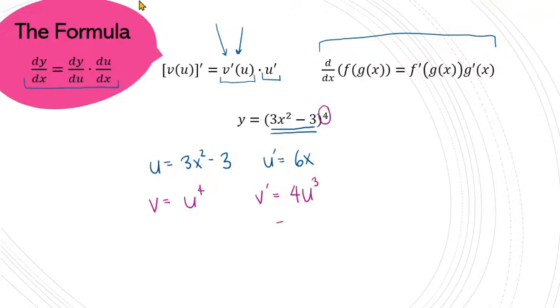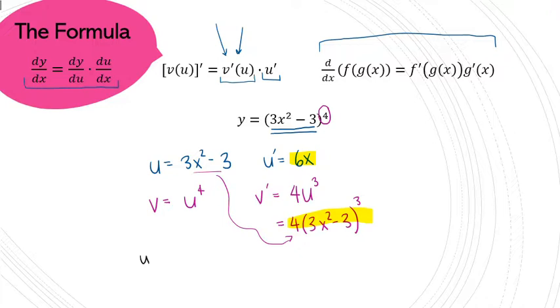And now I can replace u with its value right here. 3x squared minus 3 to the power of 3. So I have u prime and v prime, which is with respect to u, and that goes into my answer.